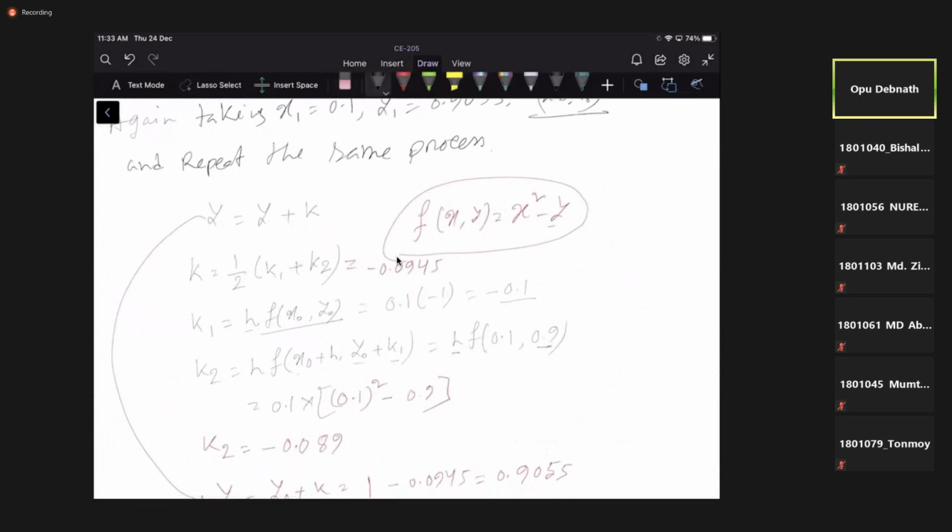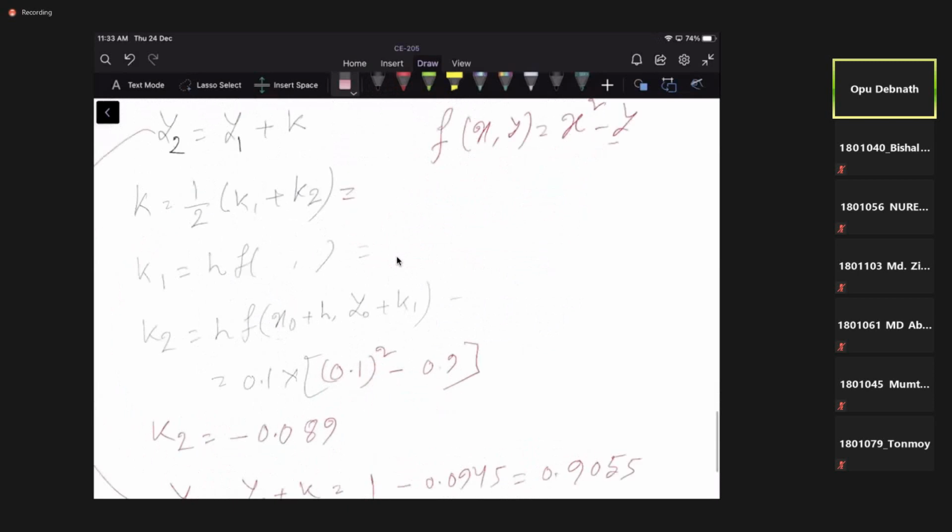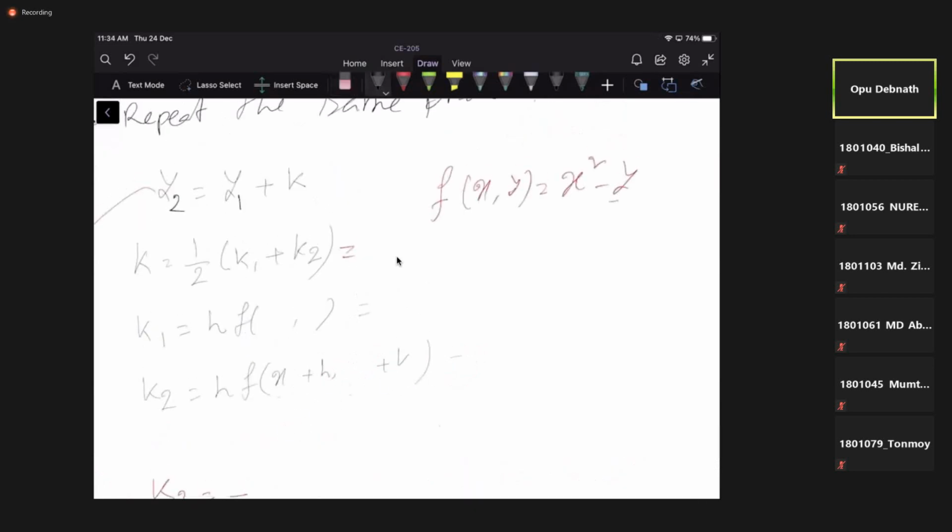So if we repeat the same process, y2 will be y1 plus k. Let's start again.